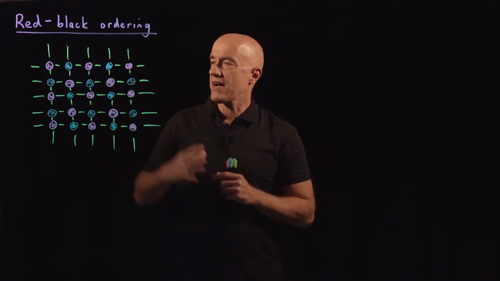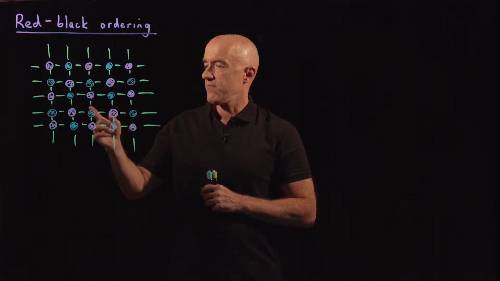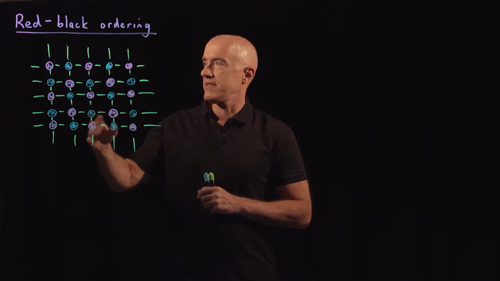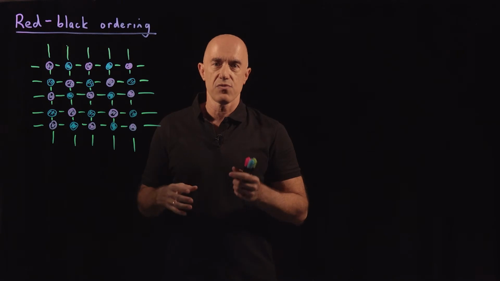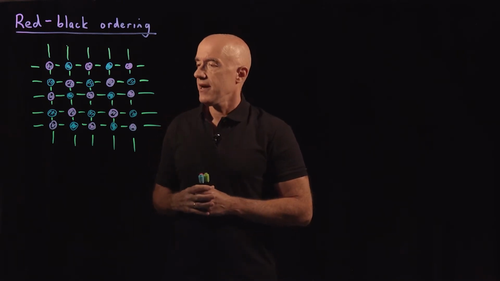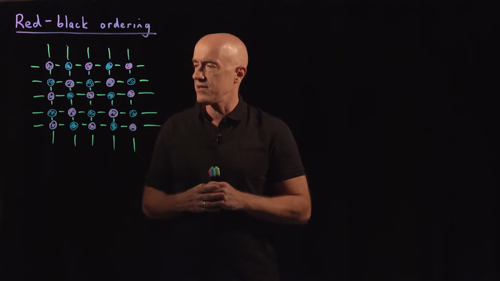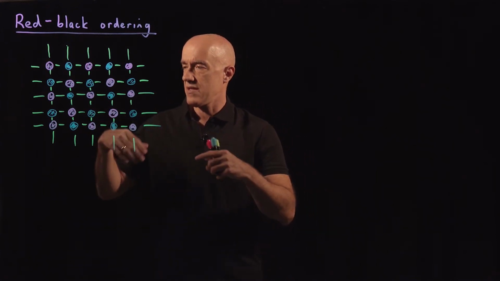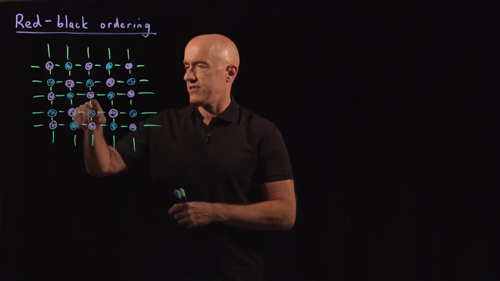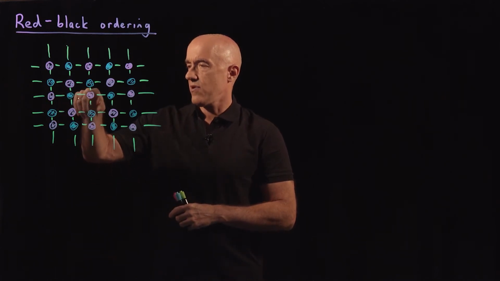That's called red-black ordering. If you forgive me, the purple color represents red, and the blue color will represent black. The idea of red-black ordering when you're solving the Laplace equation is that in the solution of the Jacobi method, say, the value of phi at this grid point here is updated using the value of phi at the one above and one below, and one to the right and one to the left.